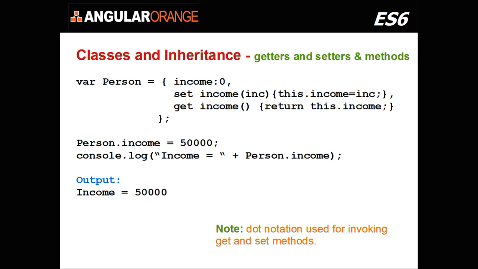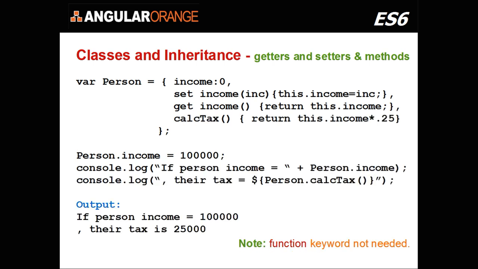Then basically what you could do is take person.income equals 50,000, and that would invoke the set income function. And if you log person.income, that would invoke the get income function. So you'd see an output of income equals 50,000. So the dot notation is used for invoking get and set methods.